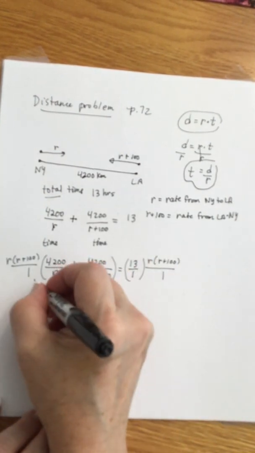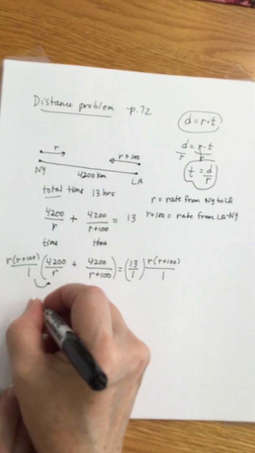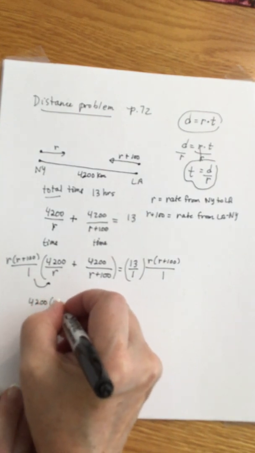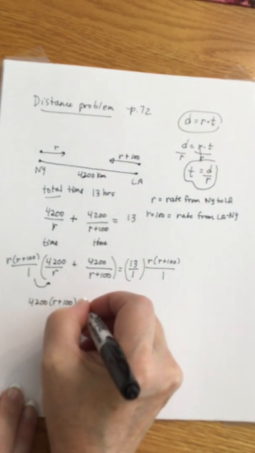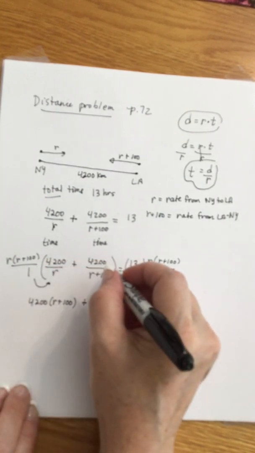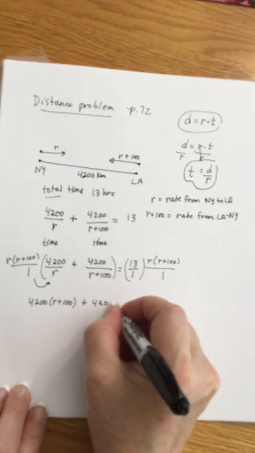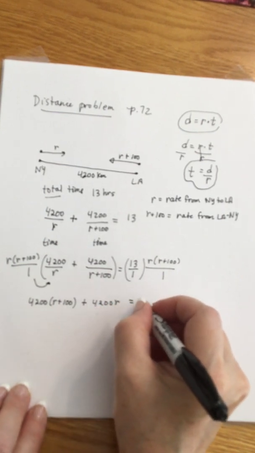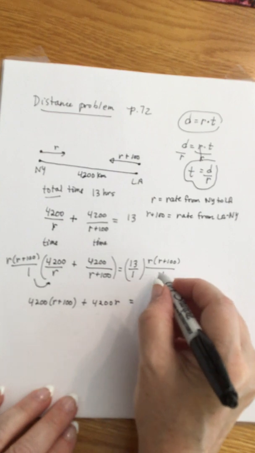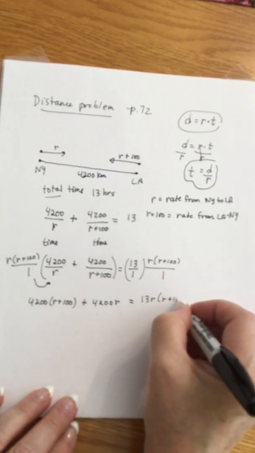So I multiply this times this, and the R's cancel out, so I get 4,200 times R plus 100. And on this one, the R plus 100 cancels out, so I get 4,200 times R. And over on this side, we're just going to get 13R times R plus 100.